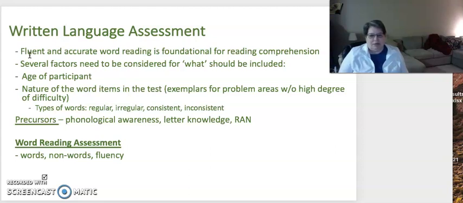What we mean by regular words is that they conform to grapheme-phoneme correspondence. So words like jump and start and beg have a one-to-one correspondence with the phonemes. Then irregular words don't conform to grapheme-phoneme correspondence.